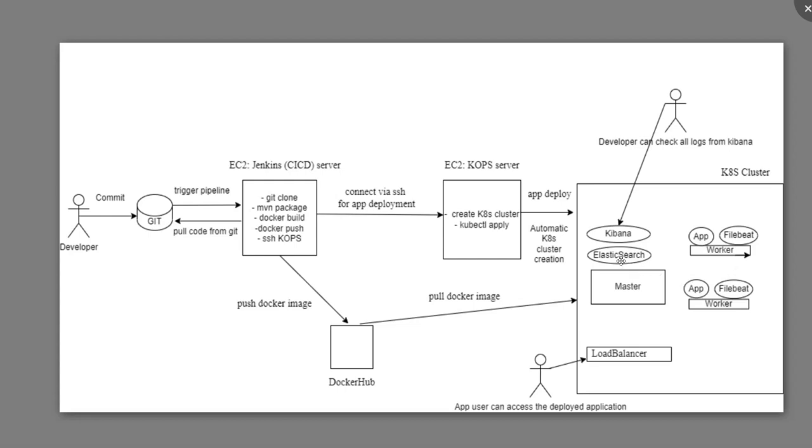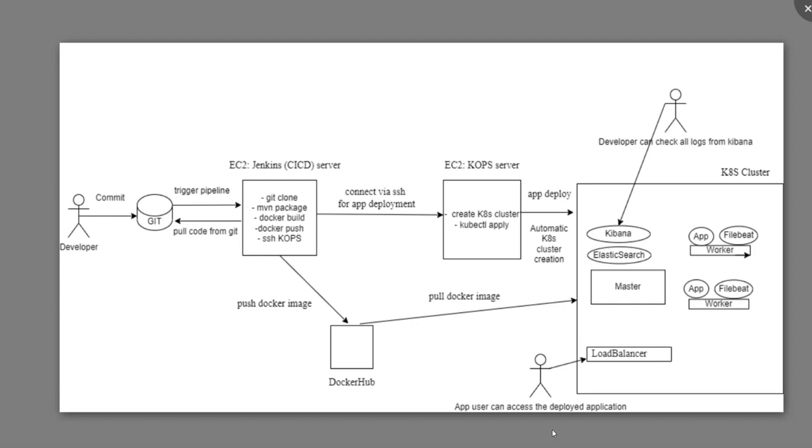We also install Elasticsearch and Kibana as a single node, single pod. Filebeat will send all the logs to Elasticsearch, and all the logs can be accessed from outside using the Kibana dashboard. So the developer can check the logs and check errors or any logs.